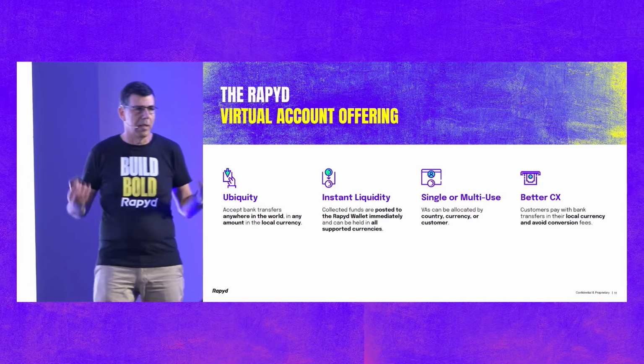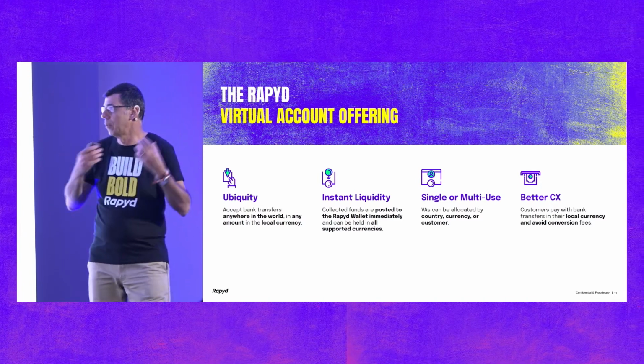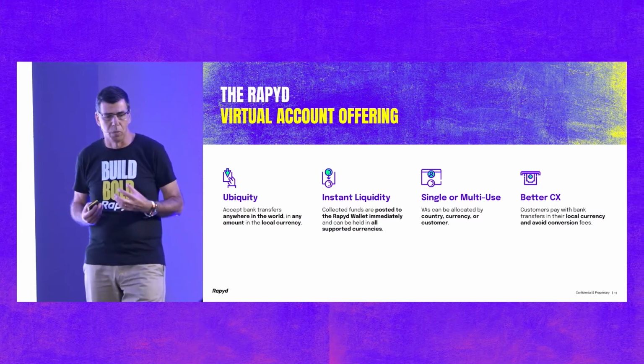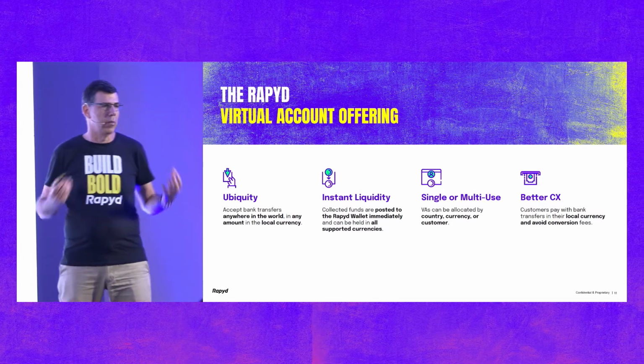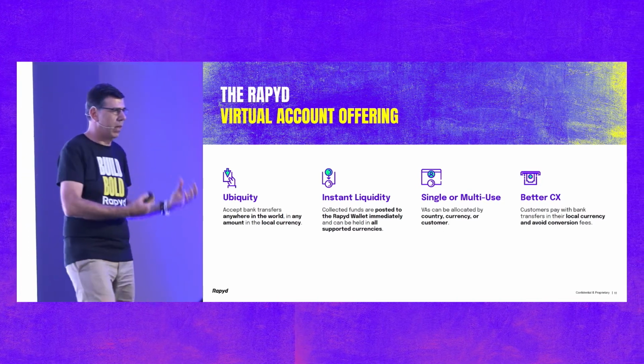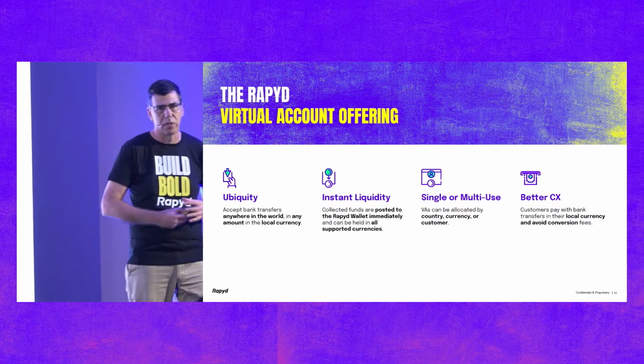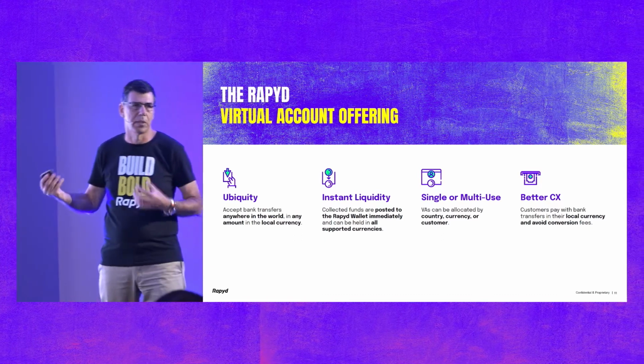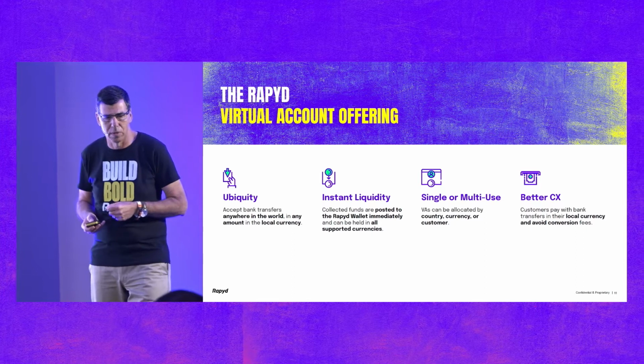So now that we've integrated the virtual accounts into the Rapyd wallet, we have a ubiquity system that supports bank transfers on a global basis in all the 65 plus currencies that Rapyd supports.